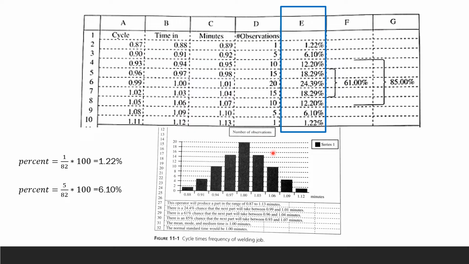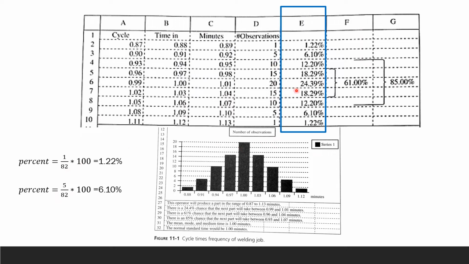Here I'm going to start many examples to see work sampling. Here is the percent of your work, and we calculate it in this case. You have observations starting at 1, and when you add them up, 1 plus 5, 10, 15, 20, 15, 10, 5, and 1, it gives you 82 total.